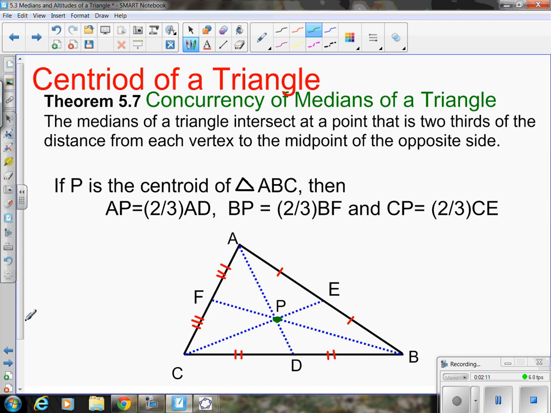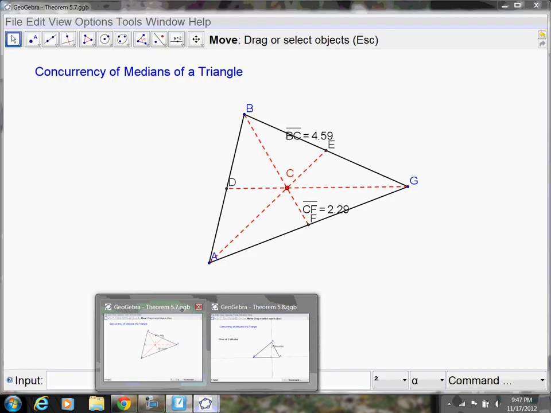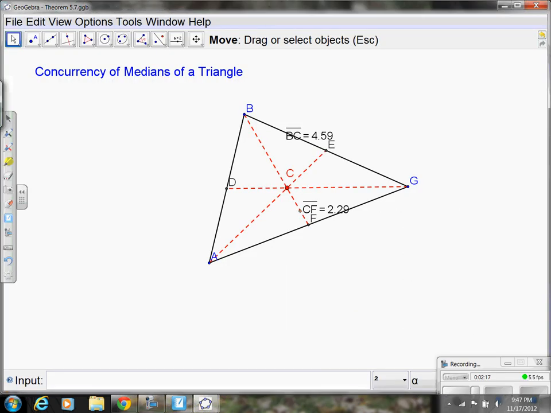Okay, so now I'm going to look at this in GeoGebra, and you see they have segment CF here is a measure of 2.29. BC has a length of 4.59. So 2.29 is basically 2.3, 4.59 is basically 4.6.